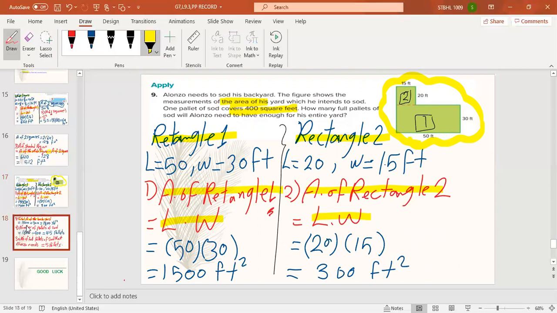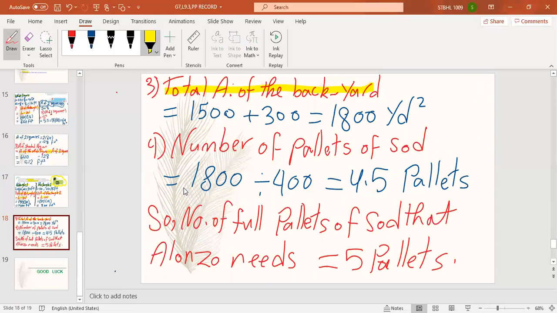So it will be 1,800 divided by 400 equals 4.5 pallets. But I'll go back to the question again. The question asks how many full pallets of sod Alonso will need. So I cannot say that the number of full pallets is 4. 4 is less than 4.5.